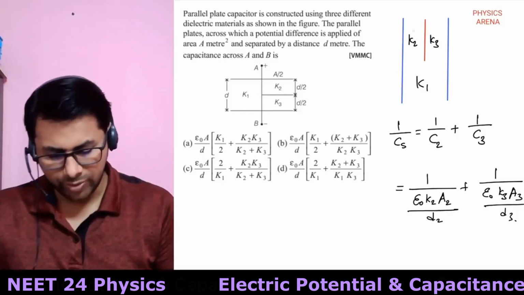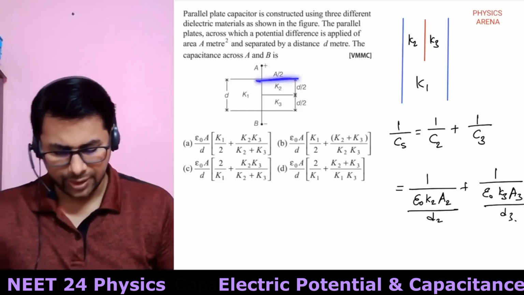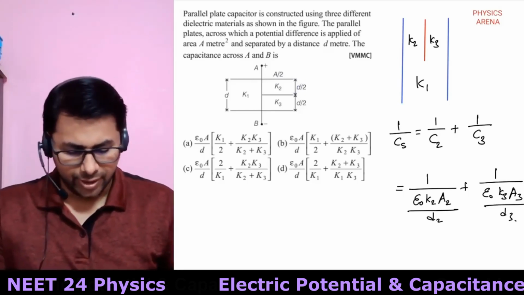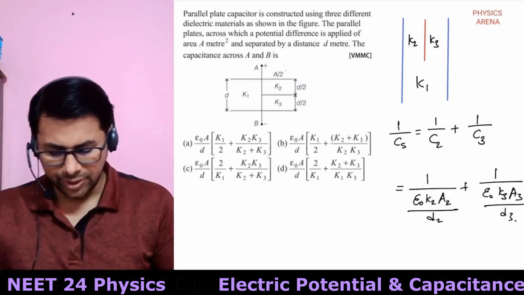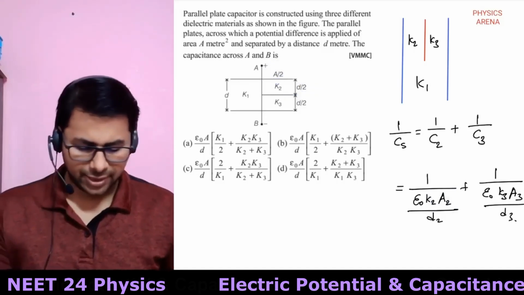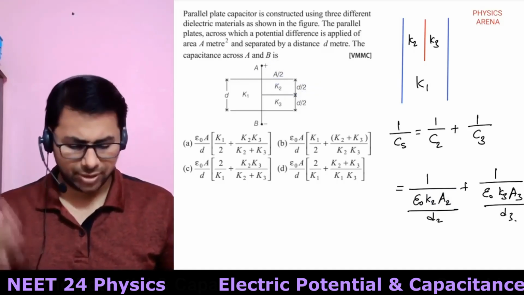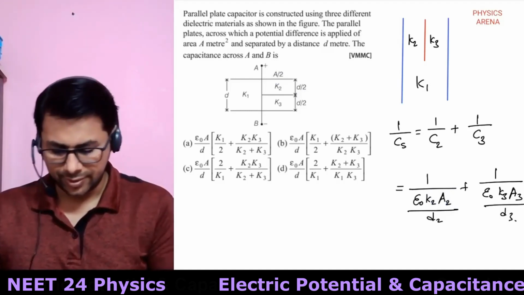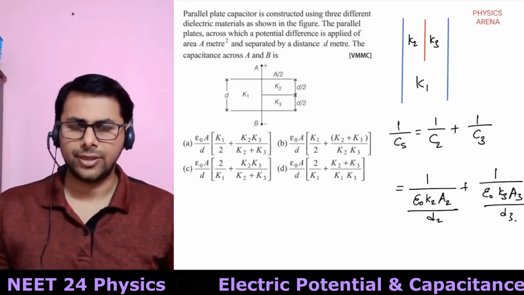So now you can see how much is the area and how much is the distance between the plates. Area A2 is equal to A by 2, and D2 is also equal to D by 2. So that 2 will get cancelled. So this is A by D, right? Yes, no?